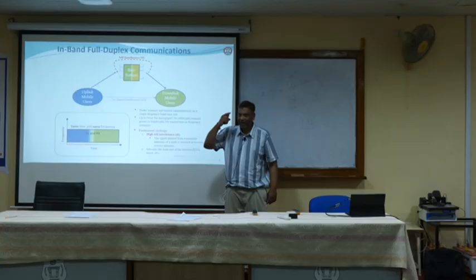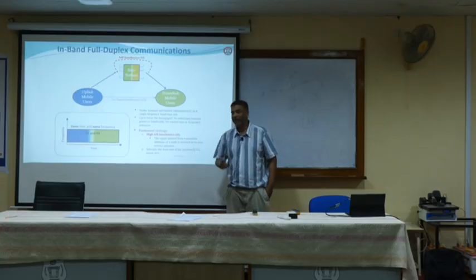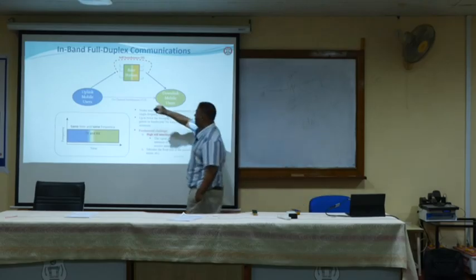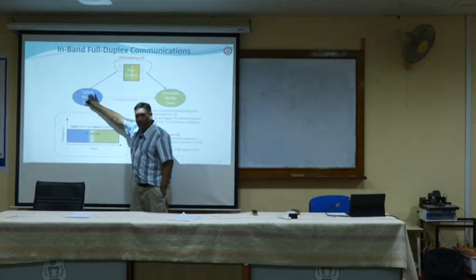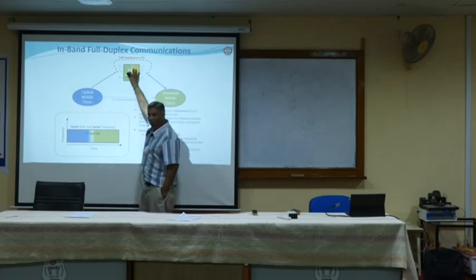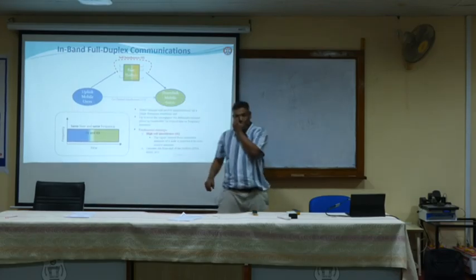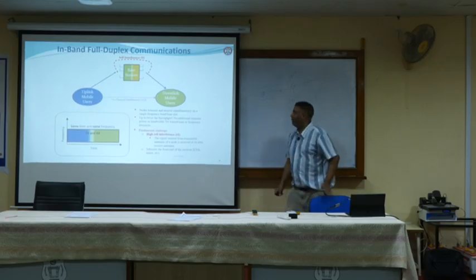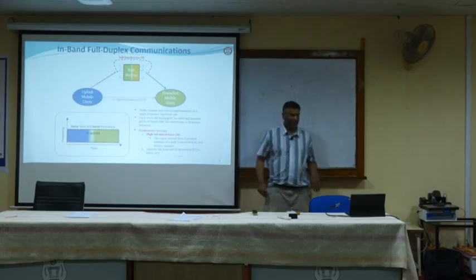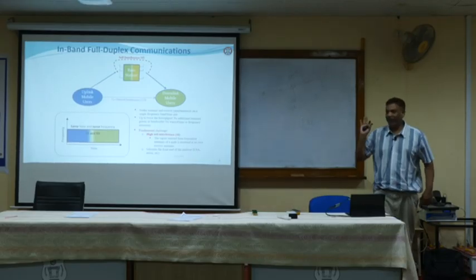In that case, how do you subtract this powerful signal from a weak signal? That's what I'm going to explain to you. Here, this node is the full duplex one. We are treating these users as a half duplex system. So only the base station is full duplex, because strong signal processing techniques need to be applied.